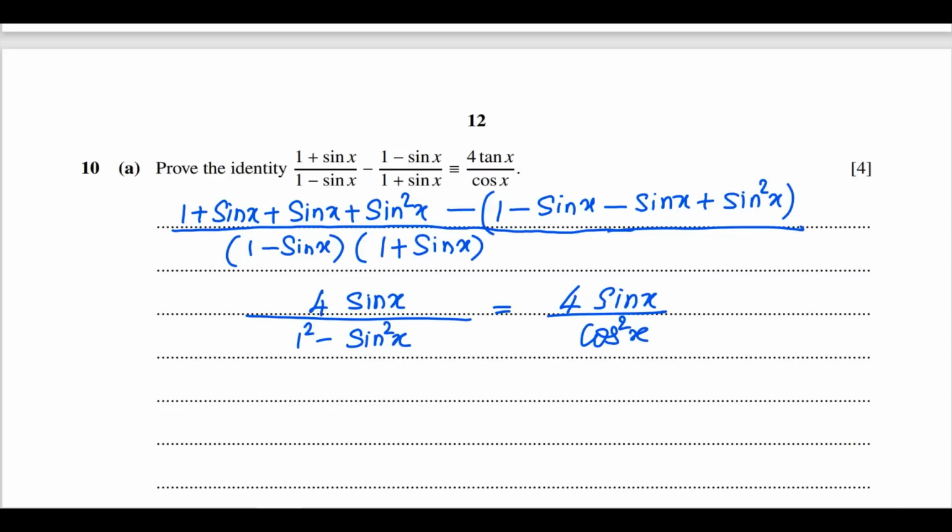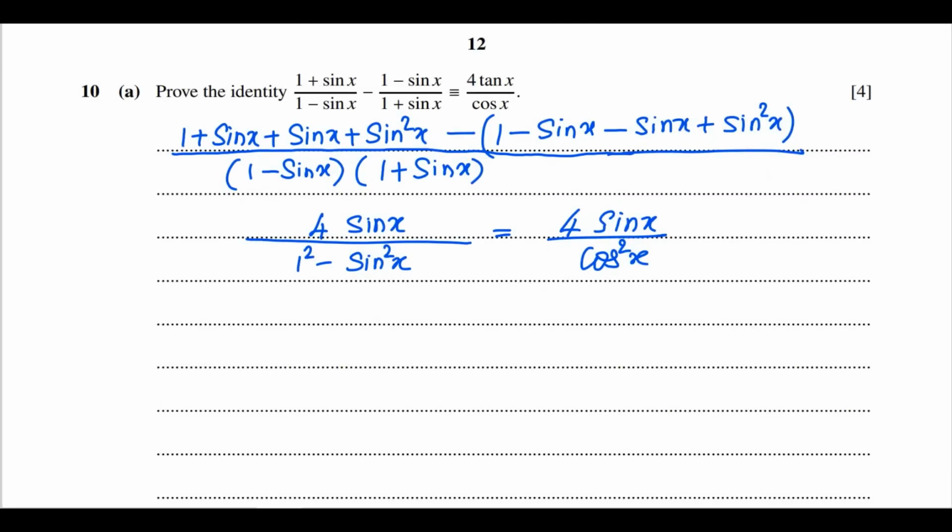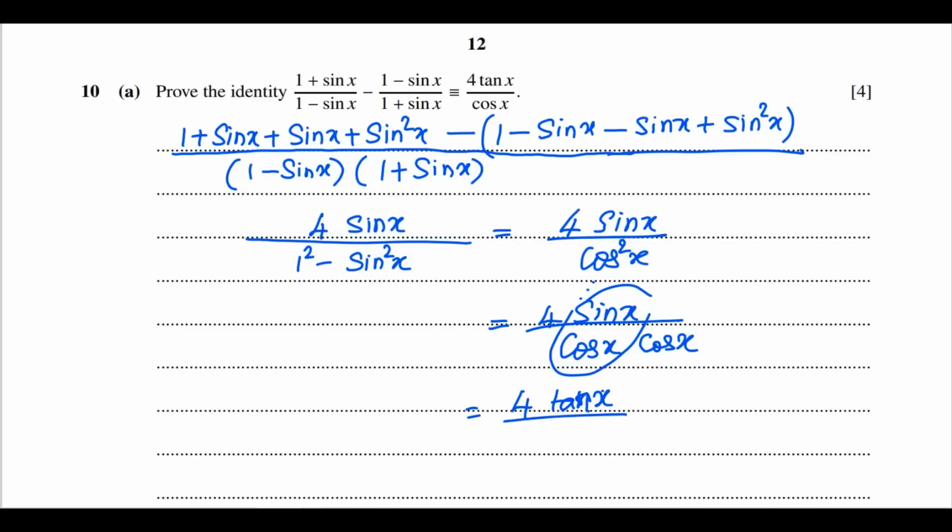From cos square x, combine 1 cos x with the sin x, you will get tan x. So 4 sin x divided by cos x multiplied by cos x. Okay. So if you combine this one, you will get 4 tan x divided by cos x, which is our right hand side.